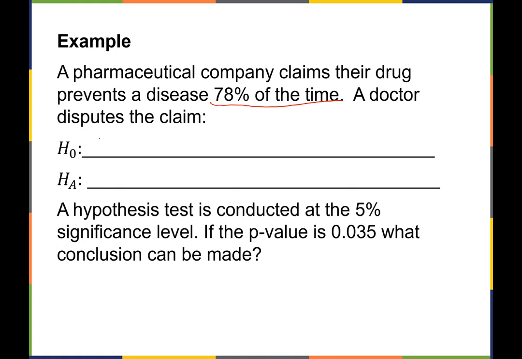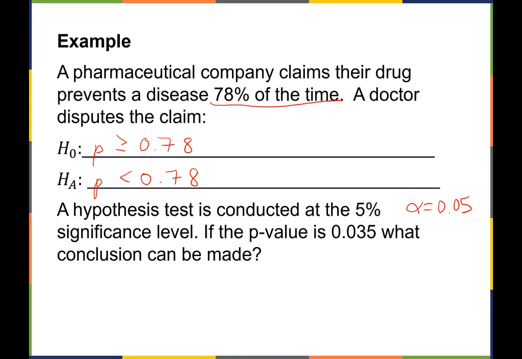So 78% or more, p is greater than or equal to 0.78. It's a population proportion, not a mean. So we're doing a proportion example. And so the alternative hypothesis is that p is less than 0.78, right? A hypothesis test is conducted at the 5% significance level. This tells us alpha equals 0.05.